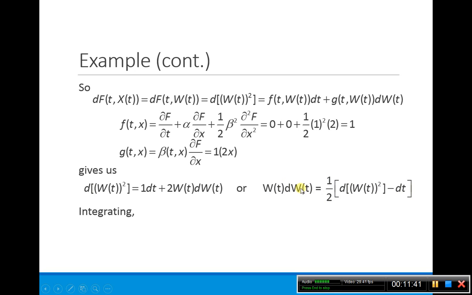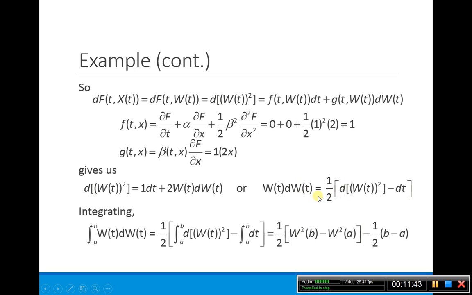So we take that and integrate the left-hand side and the right-hand side, and then we end up getting 1/2 times the difference of W squared, which is W squared of b minus W squared of a, minus this typical integral, 1/2 (b minus a). So that's the same formula that we had previously.